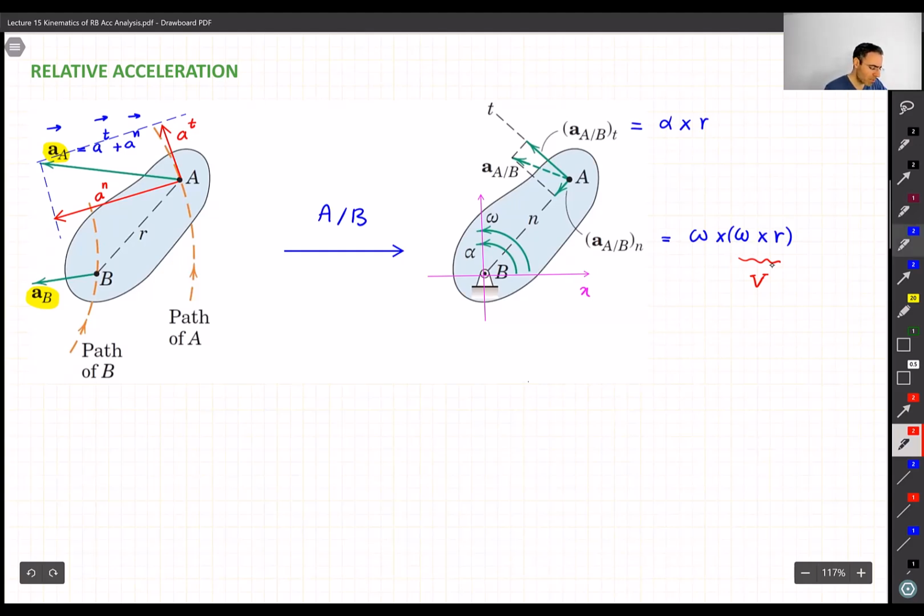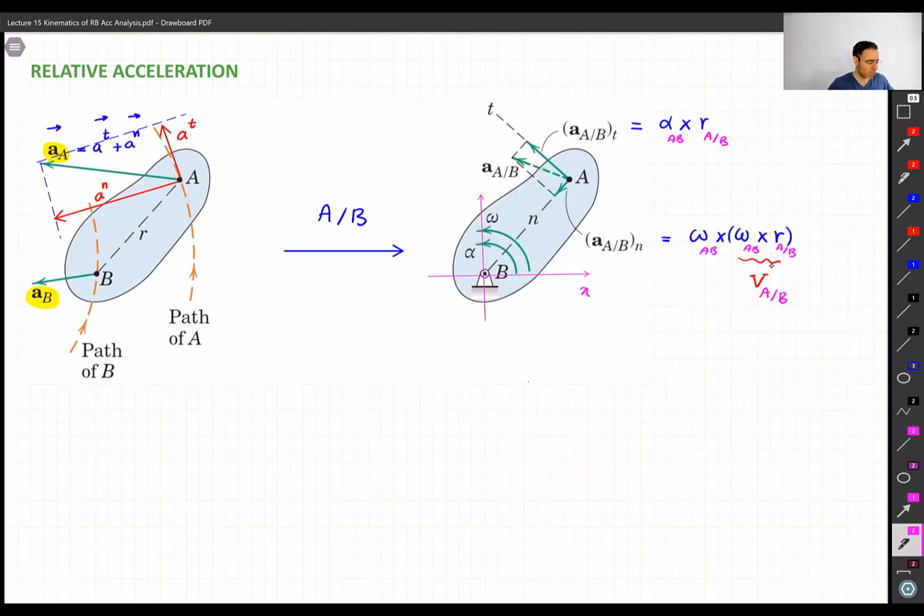And similar to what we did before, in order to avoid confusion, why not write AB here? So we are talking about alpha AB, and this is R of A with respect to B. And this is omega AB, this is omega AB, and this is R of A with respect to B. Therefore, this velocity is the velocity of A with respect to B. Which velocity?